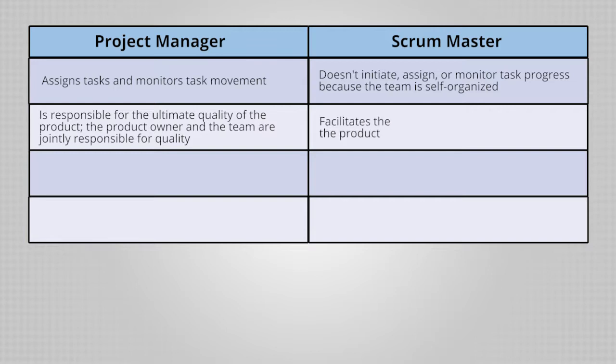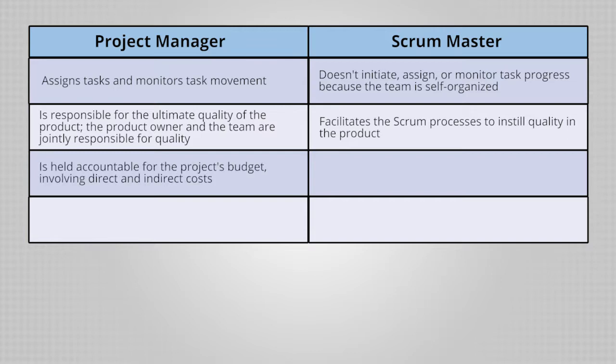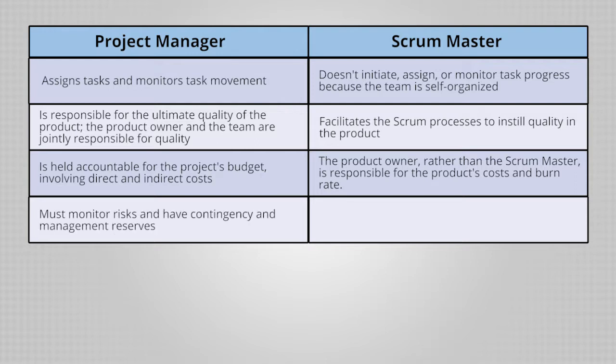The Scrum Master facilitates the Scrum processes to instill quality in the product. 9. The Project Manager is held accountable for the project's budget, involving direct and indirect costs. The product owner, rather than the Scrum Master, is responsible for the product costs and burn rate. 10. The Project Manager must monitor risks and have contingency and management reserves. The Scrum Master is not required to monitor risks.